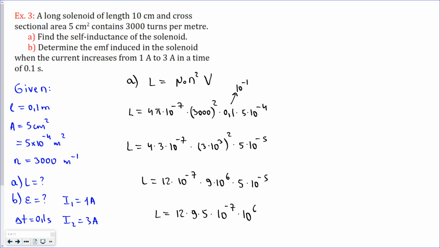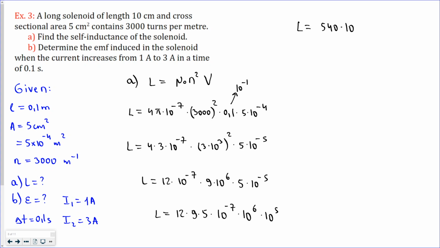So we have basically 12 times 9 times 5, which is 12 times 45, then it is 540. For the powers, minus 7 plus 6 plus 5.